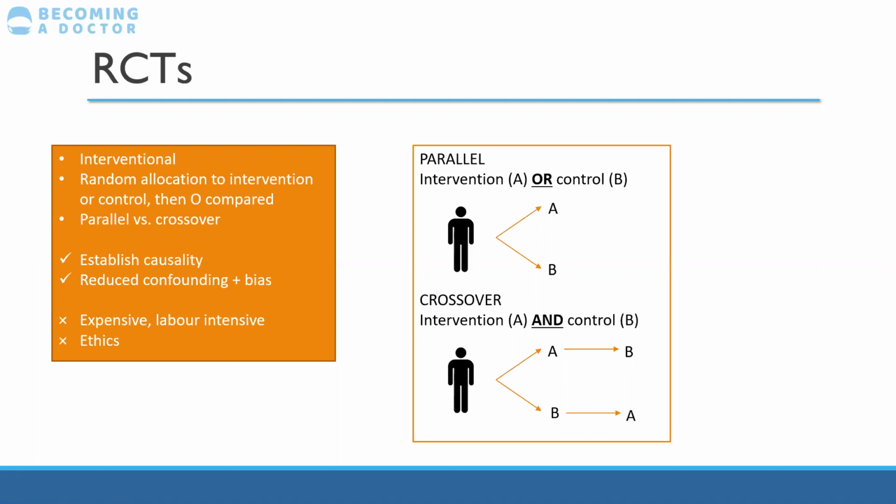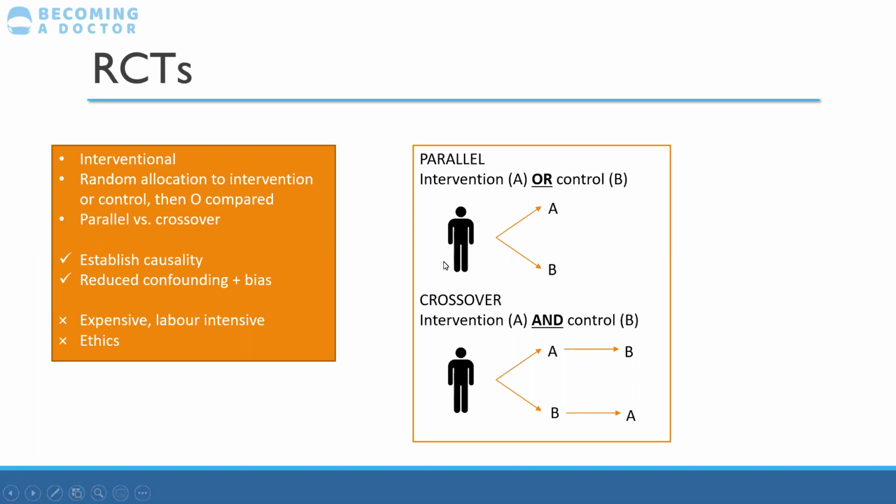Now I'm going to go into a bit more detail on randomized controlled trials, which is a type of interventional study. So in these studies, patients are randomly allocated to either an intervention or a control group, usually. There are two main types of randomized controlled trials, parallel and crossover.